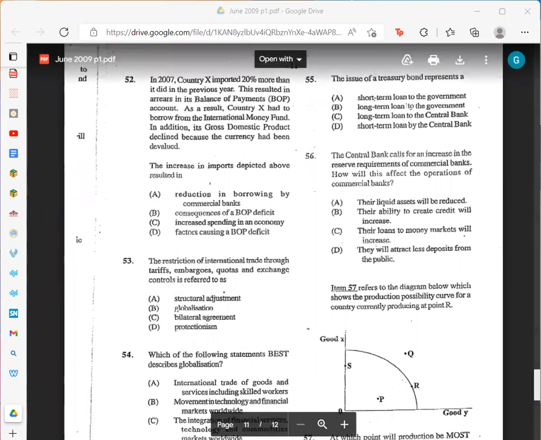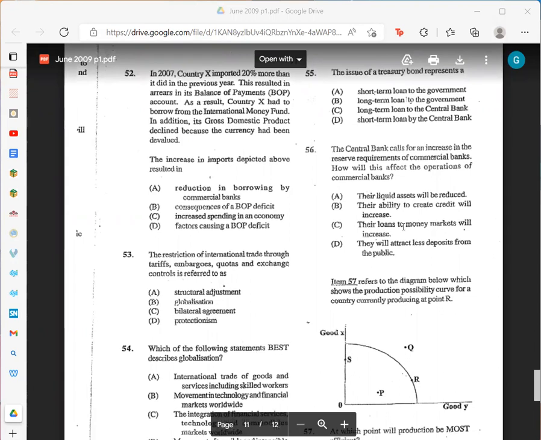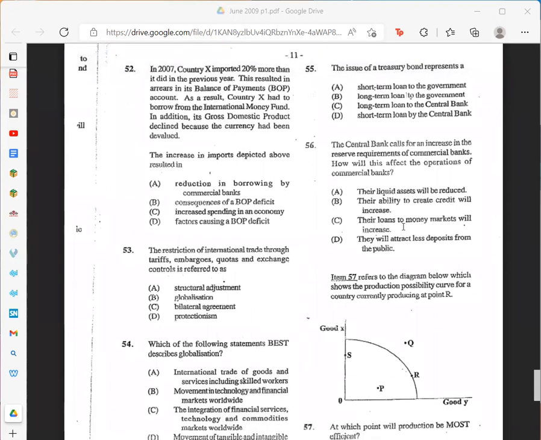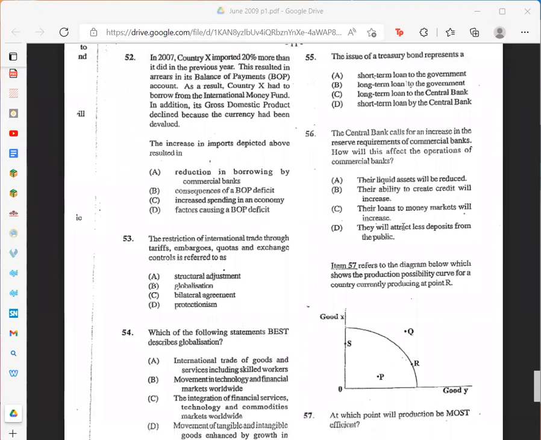56, the central bank calls for an increase in the RR of commercial banks. How will this affect the operation of commercial banks? Again, if they increase the reserve requirement, it means that more money has to be locked away in commercial bank vaults or central bank vaults.